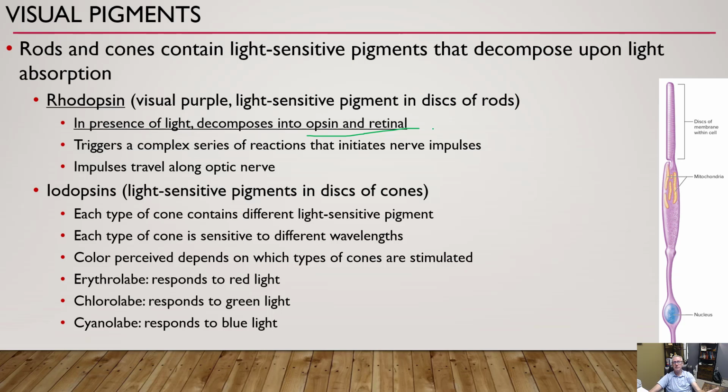You can't see. It's going to take time for that rhodopsin to build back up. You need to regenerate that rhodopsin back in your rods in order to see in that dark room again.